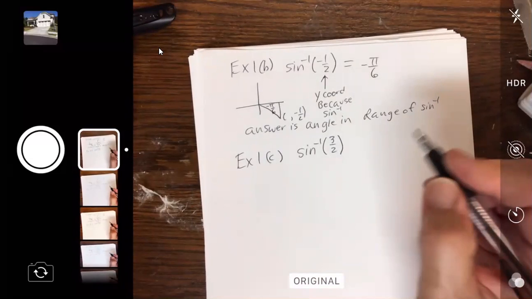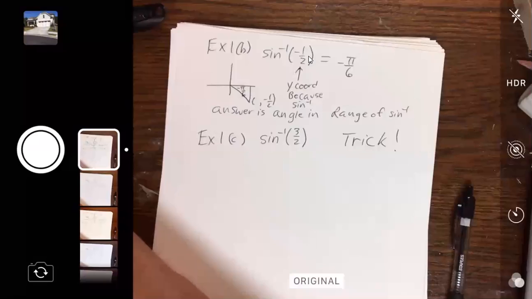If it'll catch up. May have to redo the share. Let me pause the recording. Get caught up.